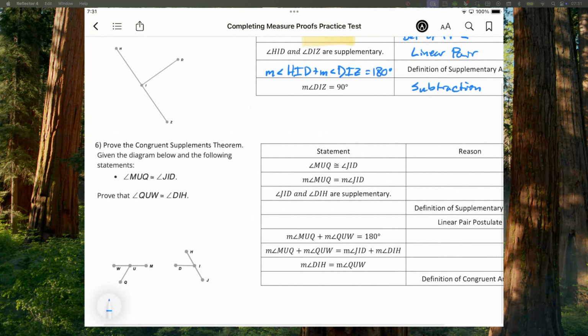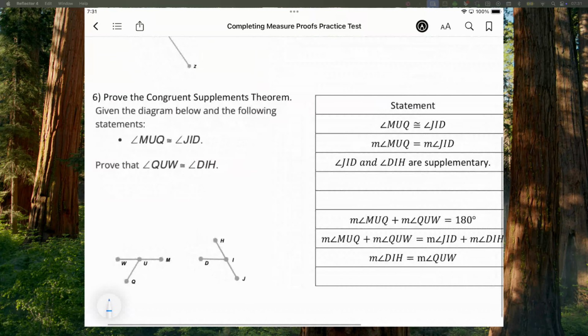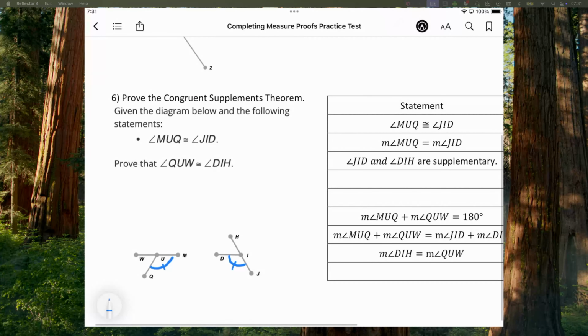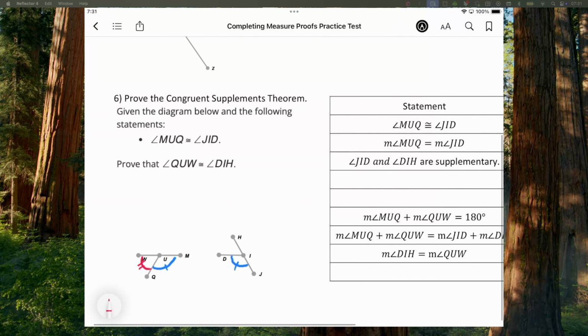And lastly, we have MUQ is congruent to JID. That's our given. We're asked to prove that QUW is congruent to DIH.